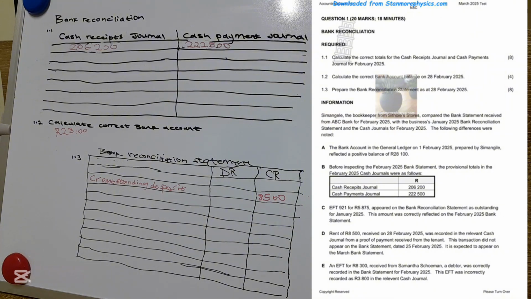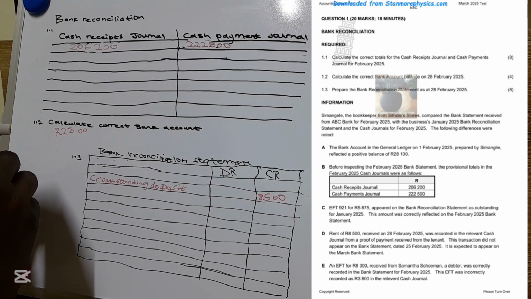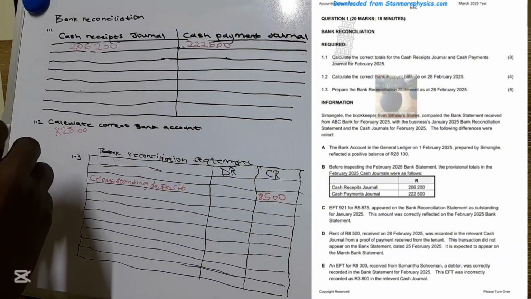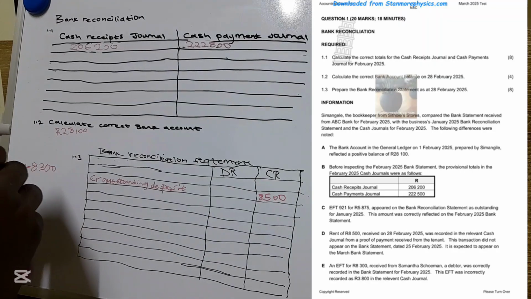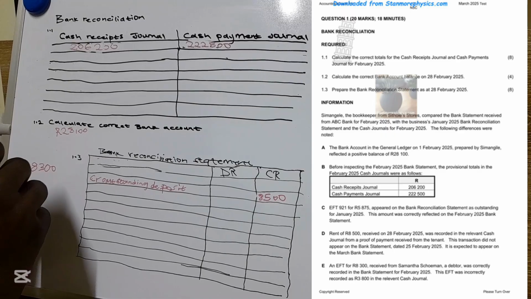So we are supposed to go back to the cash receipt journal and record that difference. To get that difference, we are going to say 8,300 minus 3,800, which is going to give us 4,500.